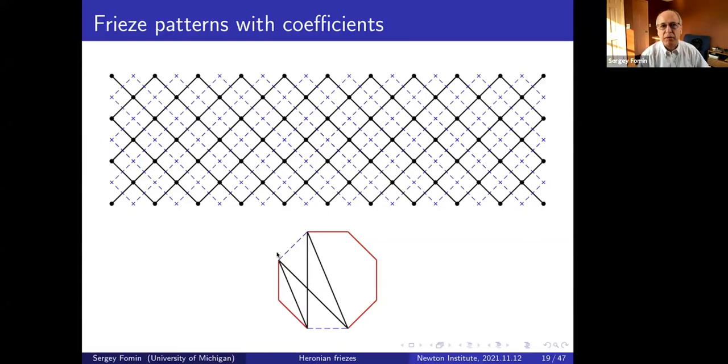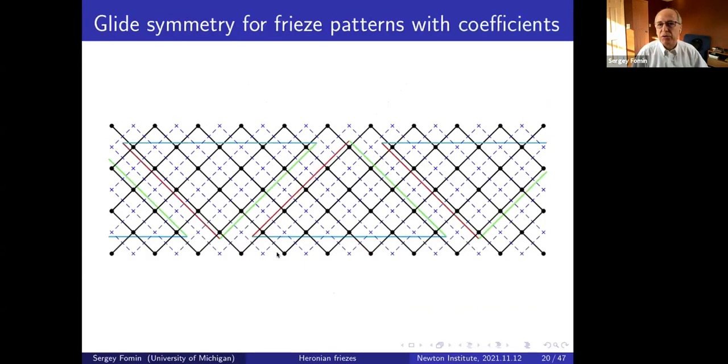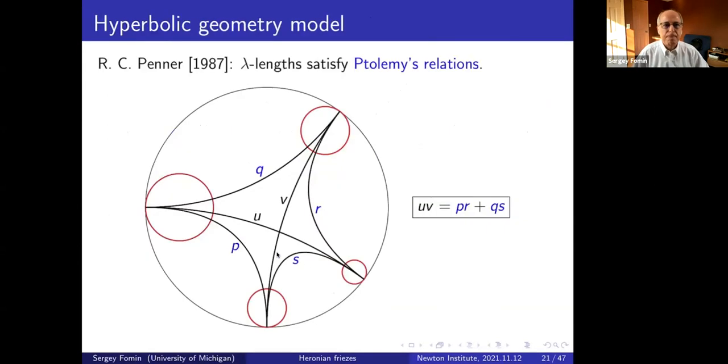So these are the 6 parameters, the 4 choose 2 line segments that connect these 4 points. They correspond to the 4 vertices of a diamond and the 2 dashed lines that cross it. Okay, so this will also be part of the boundary data for the frieze pattern with coefficients. You can easily figure out the rules for this. And of course, the glide symmetry also holds in this setting.